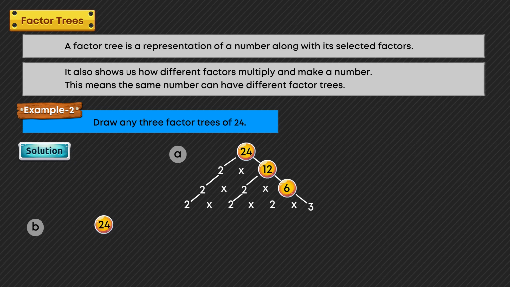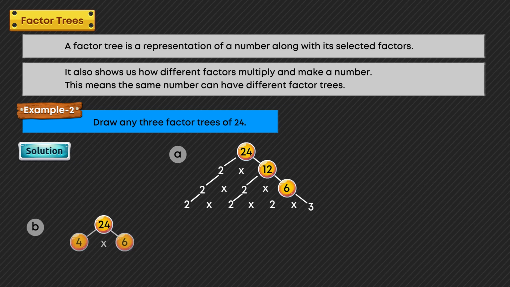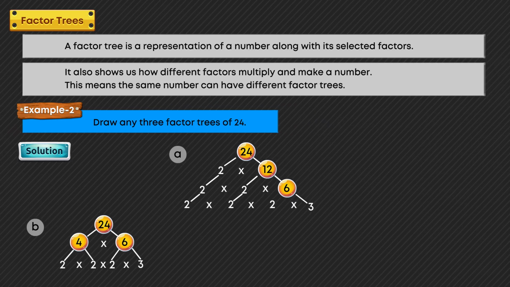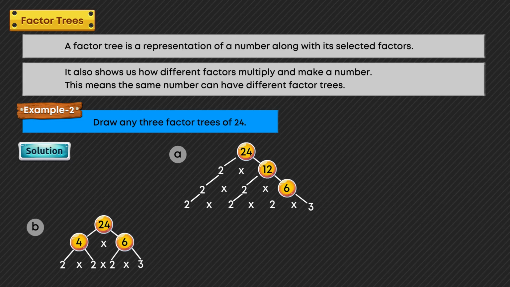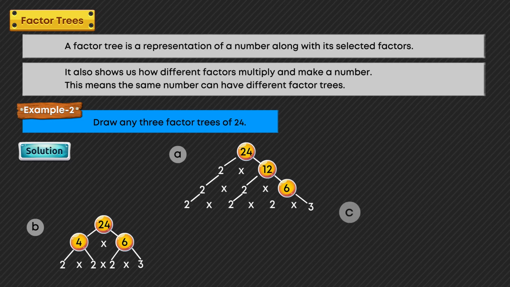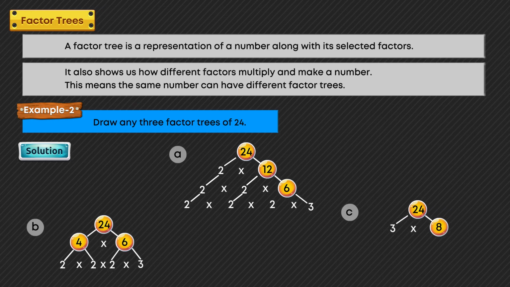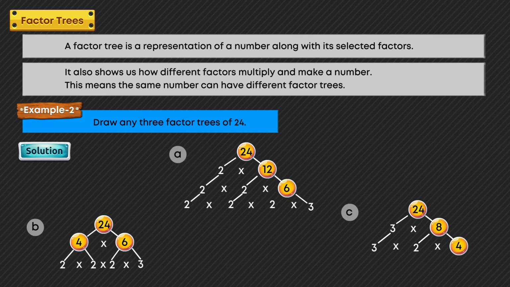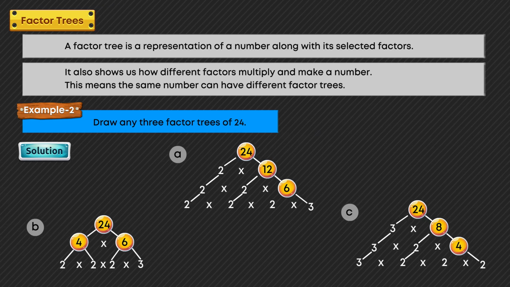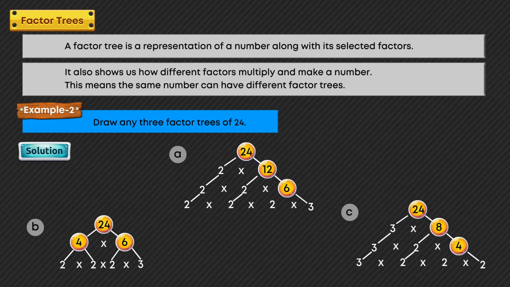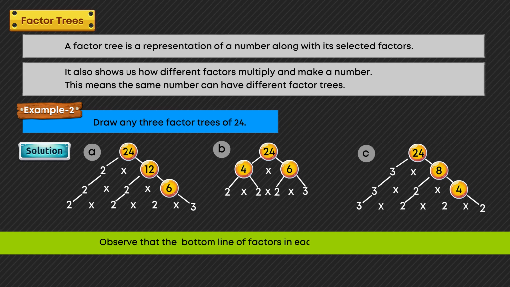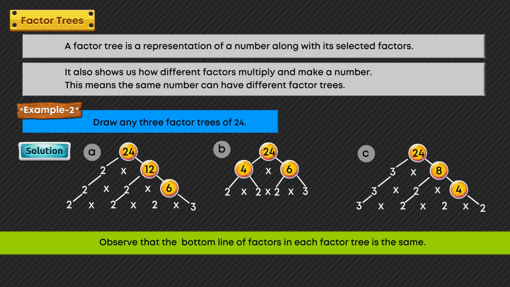B. 24, 4 into 6, 2 into 2 into 2 into 3. C. 24, 3 into 8, 3 into 2 into 4, 3 into 2 into 2 into 2. Observe that the bottom line of factors in each factor tree is the same.